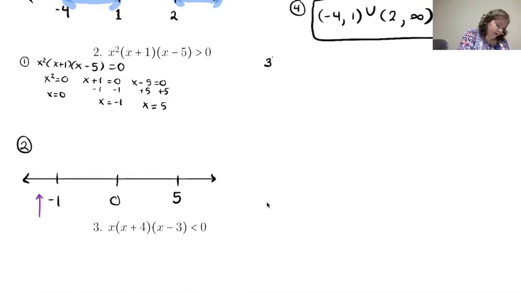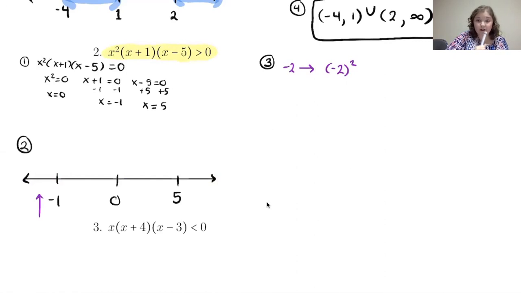So if we pick a number from there, I'm going to pick the number -2. You can pick anything you want to, but when we plug that in to our original equation, which is x squared, x plus 1, x minus 5 is greater than 0, we're going to get (-2) squared, and make sure you put that -2 in parentheses, because if we put the negative on the outside, then we're not squaring the negative itself.